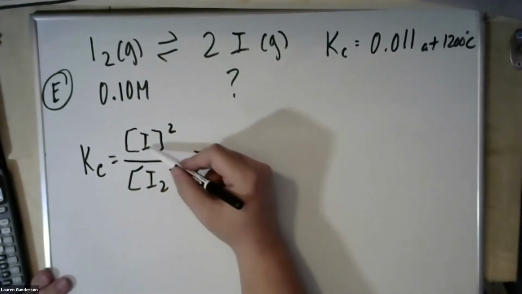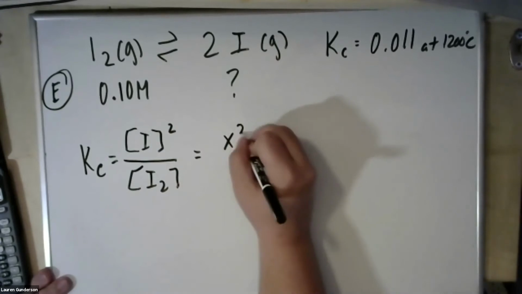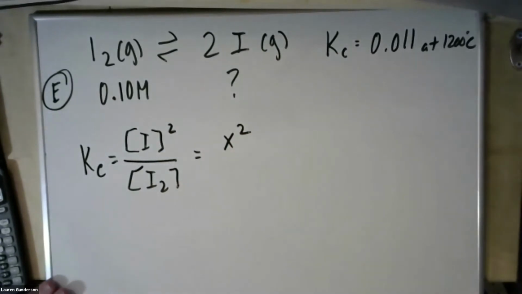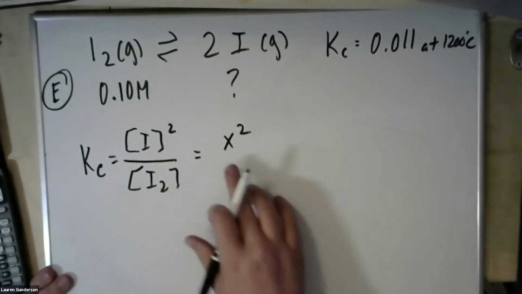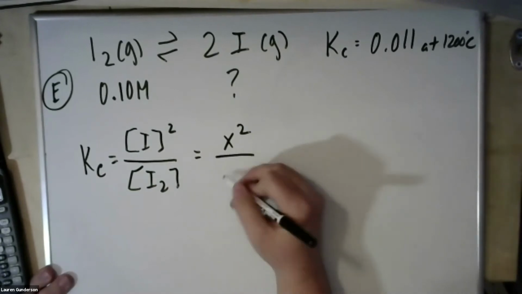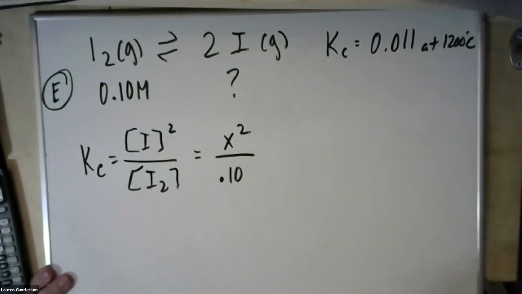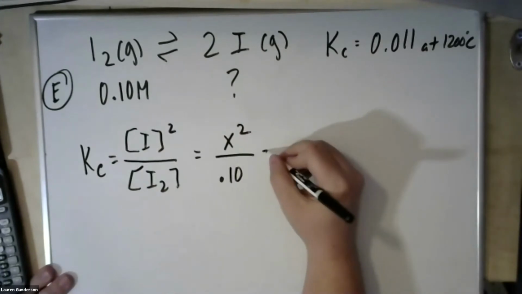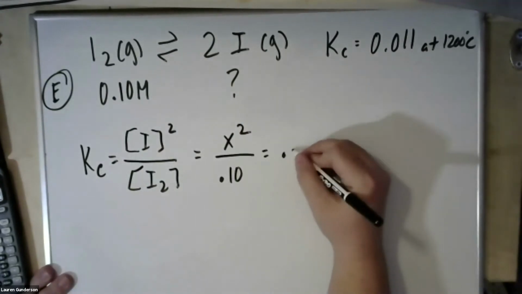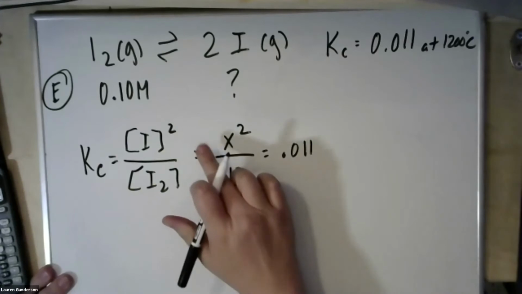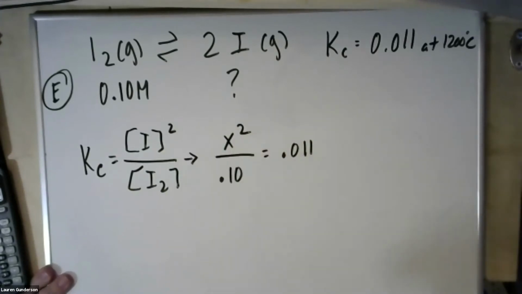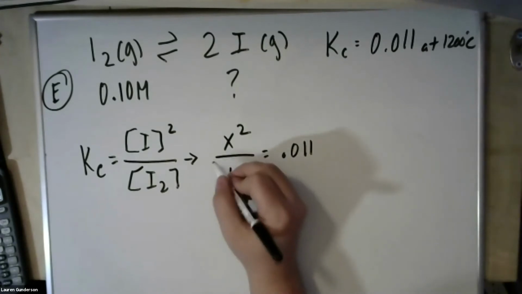Okay, so I'm going to just substitute an x value in here, just because I like solving for x in these things. So we'll have x squared divided by 0.10 molar, and that's going to equal 0.011. All right, so I'm going to multiply both sides by 0.10.